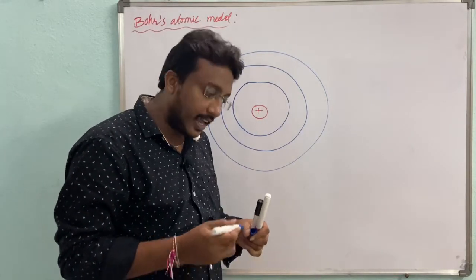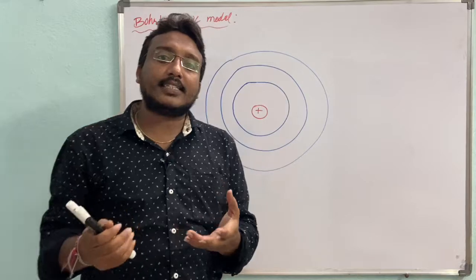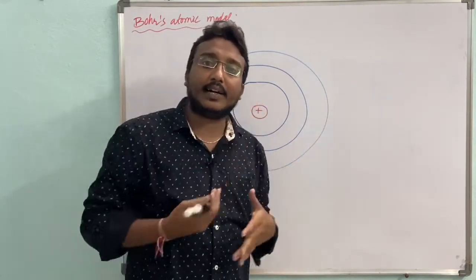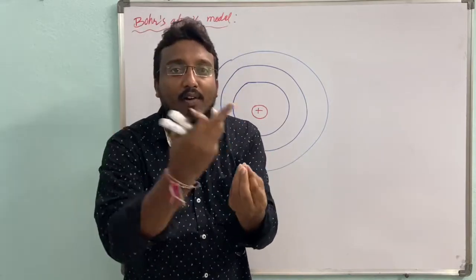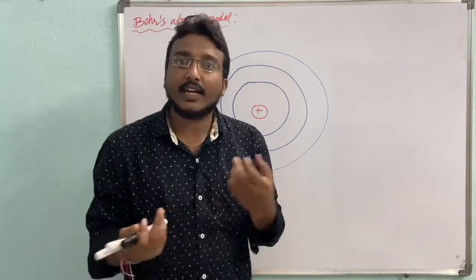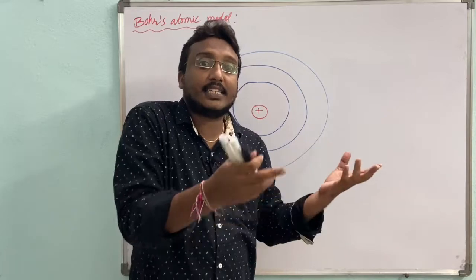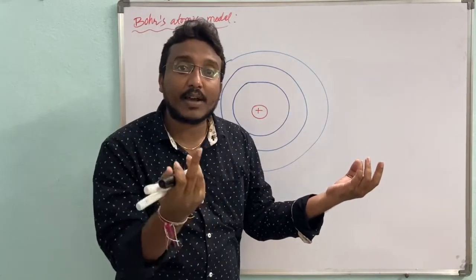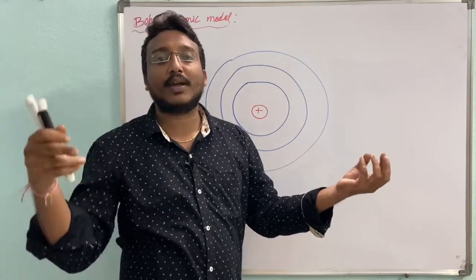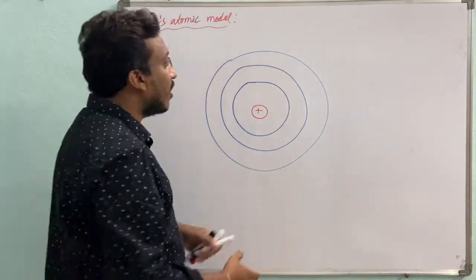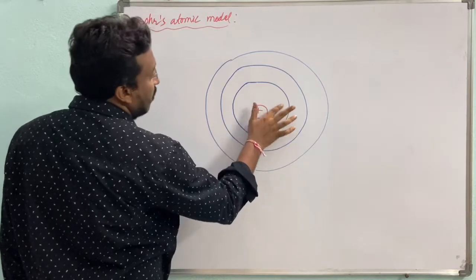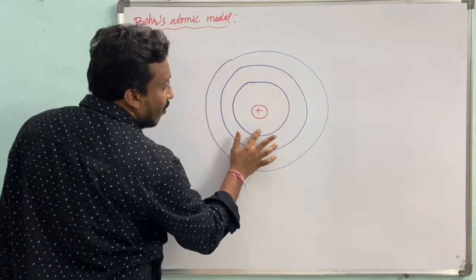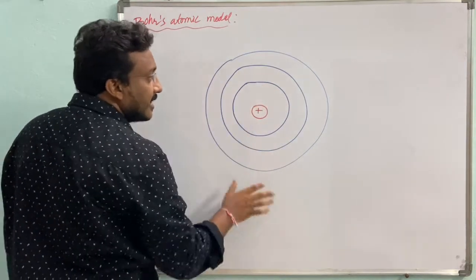Like the Earth has been revolving around the sun for many years and still is revolving. Is it losing its energy? No. How does it keep gaining that energy to revolve around the sun? Because of its path. Here also the electron will not lose its energy because of its own discrete path.